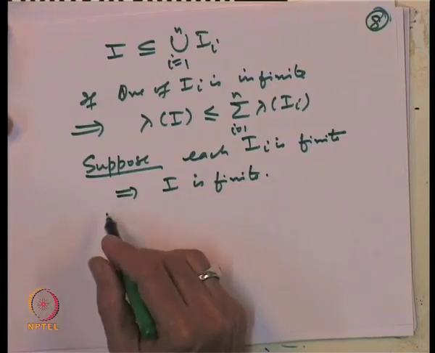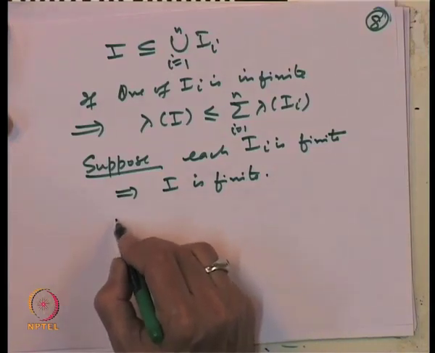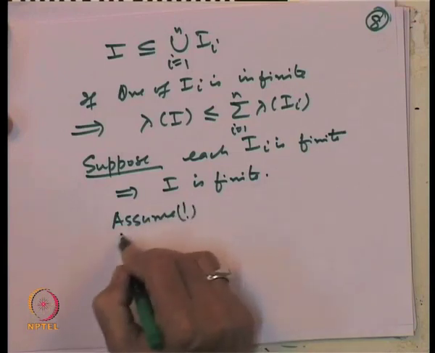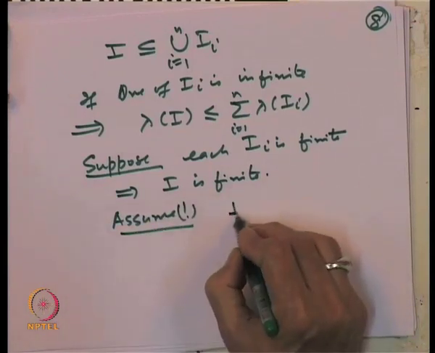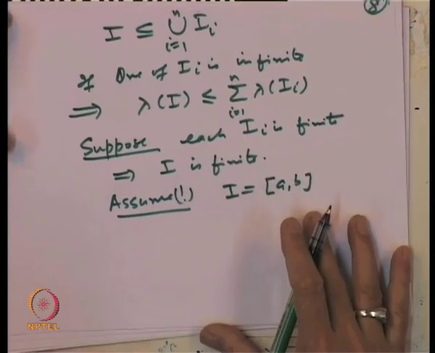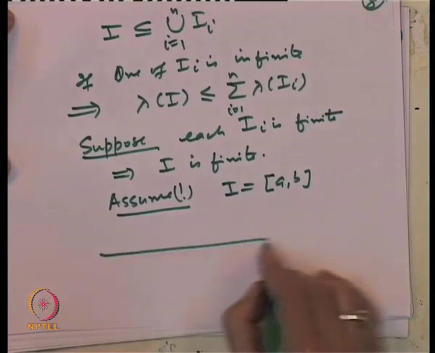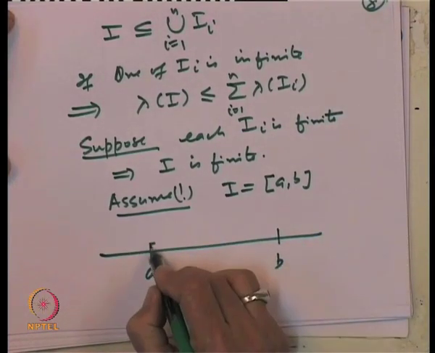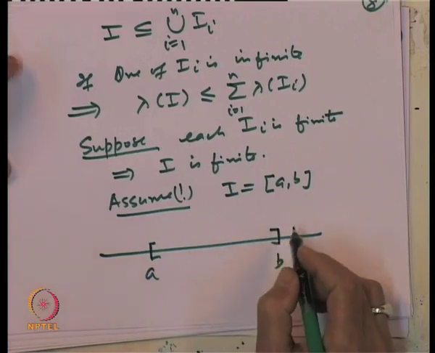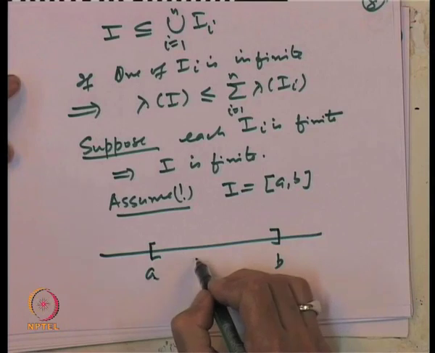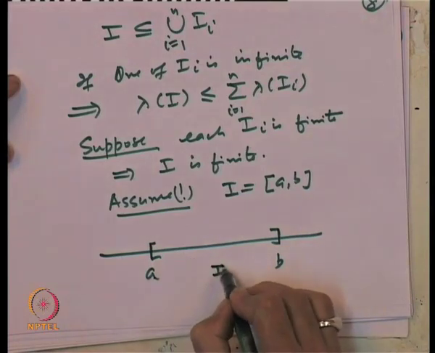So, as before, without any loss of generality, assume that I is equal to (a, b). So, here is once again the same picture, here is a and here is b. Now, the point a belongs to the interval I. So, this is my interval I.